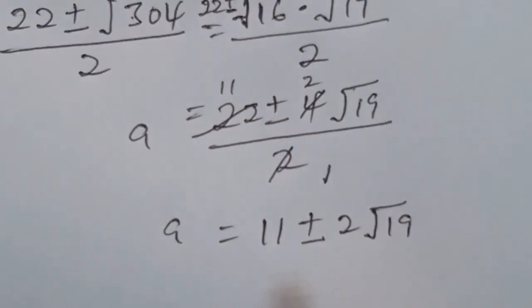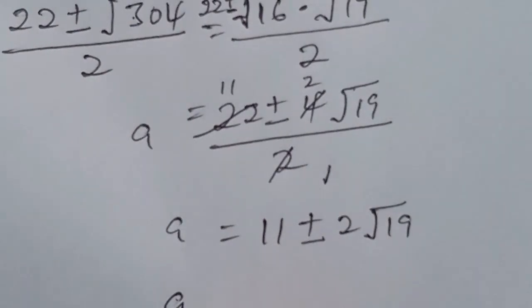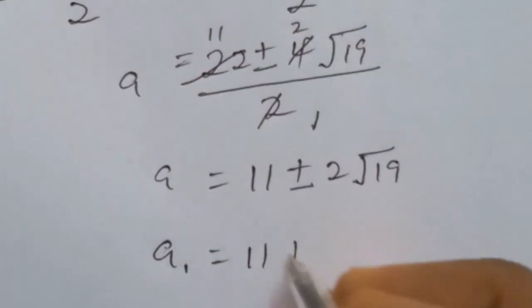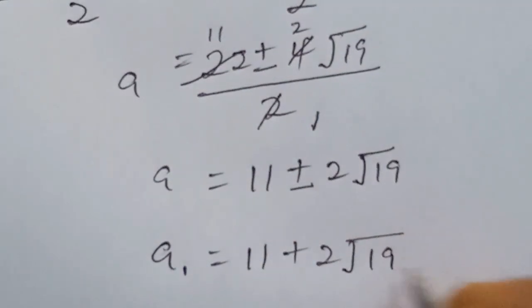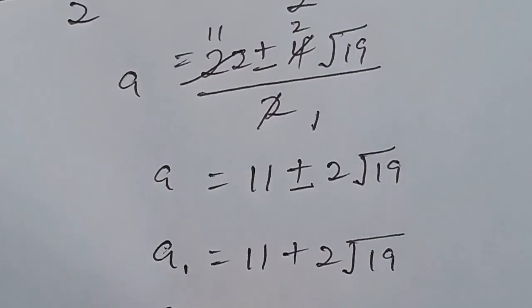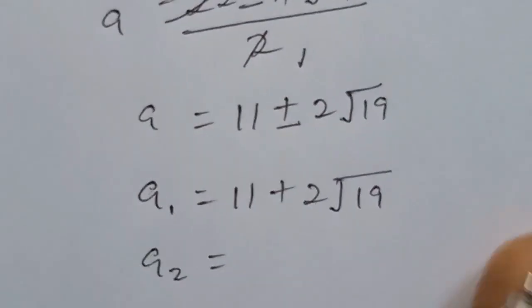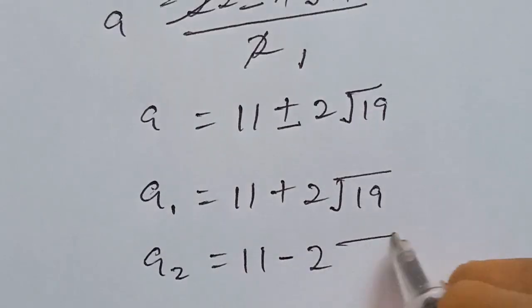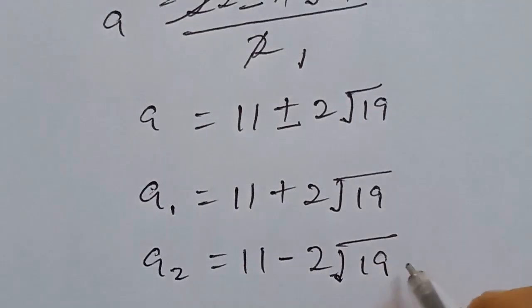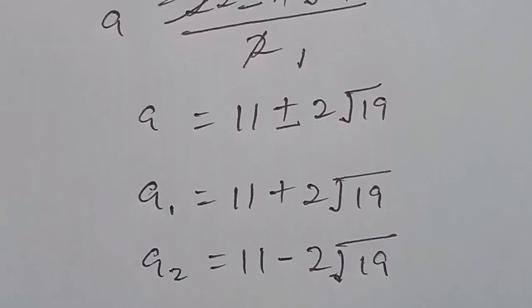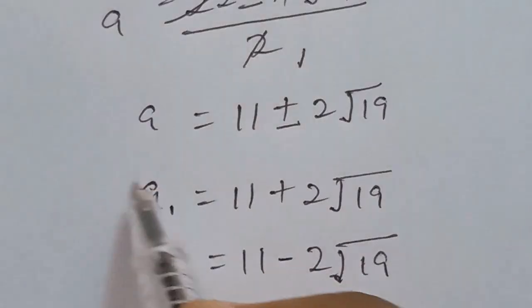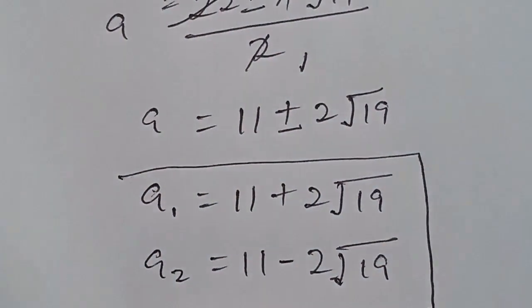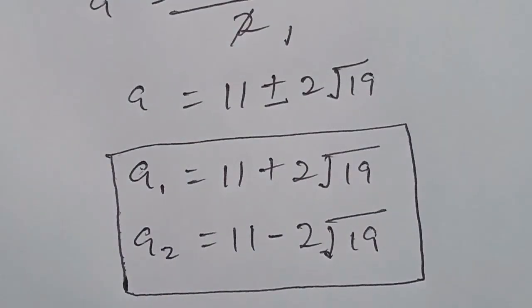And here the value of a will be a1, which will be equal to 11 plus 2 square root of 19. Then a2 will be equal to 11 minus 2 square root of 19. So we have gotten two values of a from this expression.